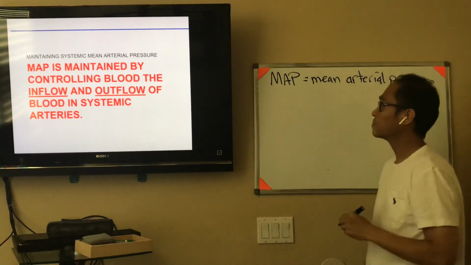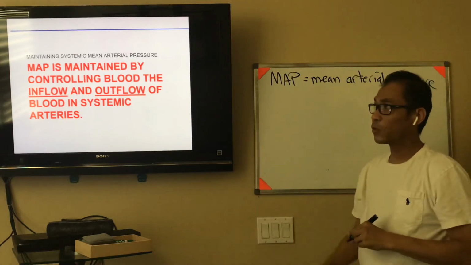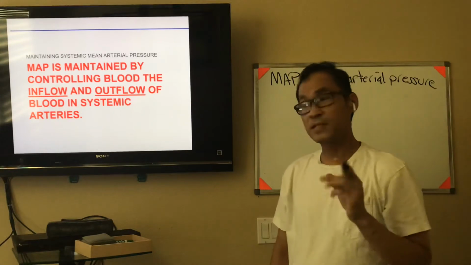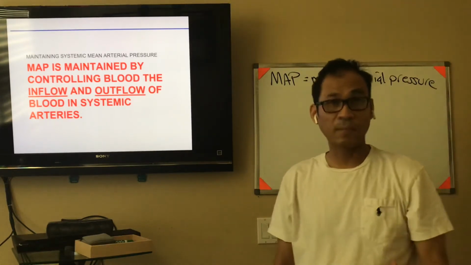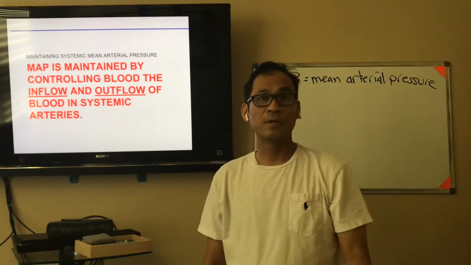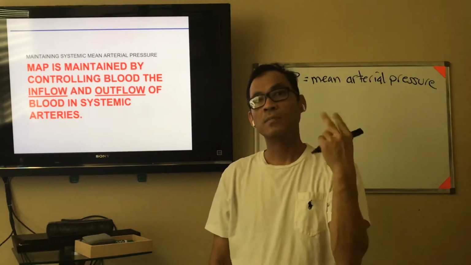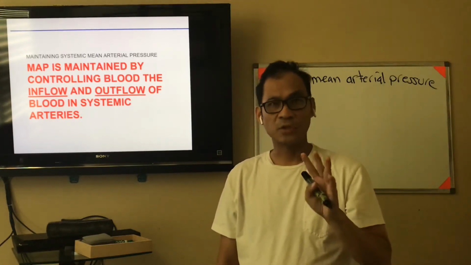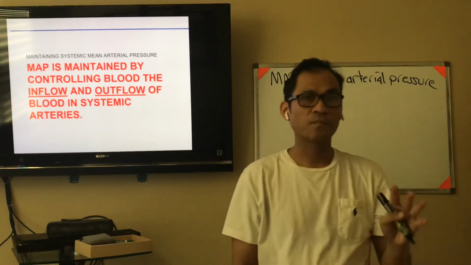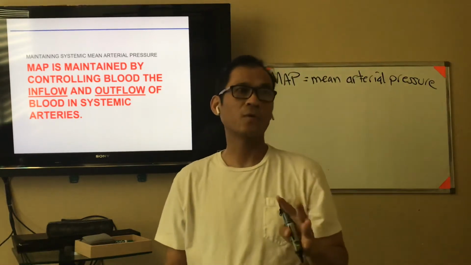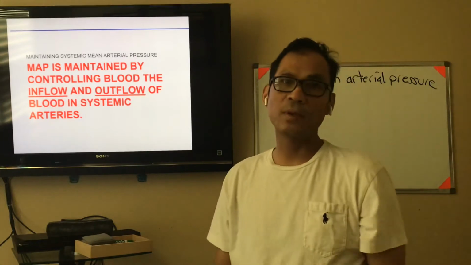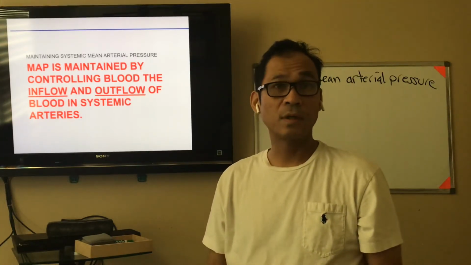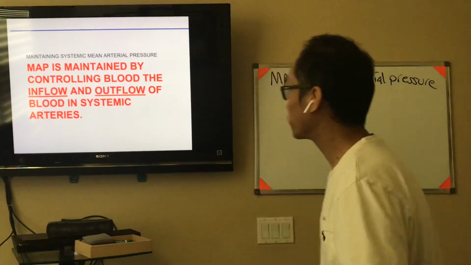And so, how is it maintained? You must control the inflow and outflow of blood in systemic arteries. Let's remember our blood vessels: systemic arteries, systemic veins, pulmonary arteries, pulmonary veins. In medicine, they strongly monitor systemic arteries. That is the blood pressure that really keeps you alive, because that is the blood flowing to your vital organs, heart, lungs, brain.